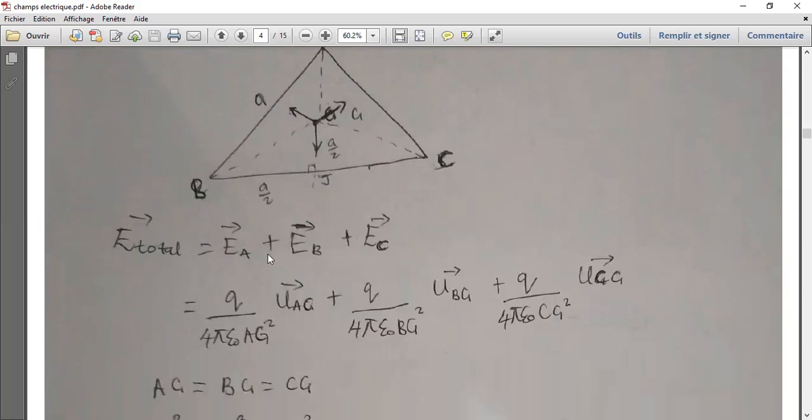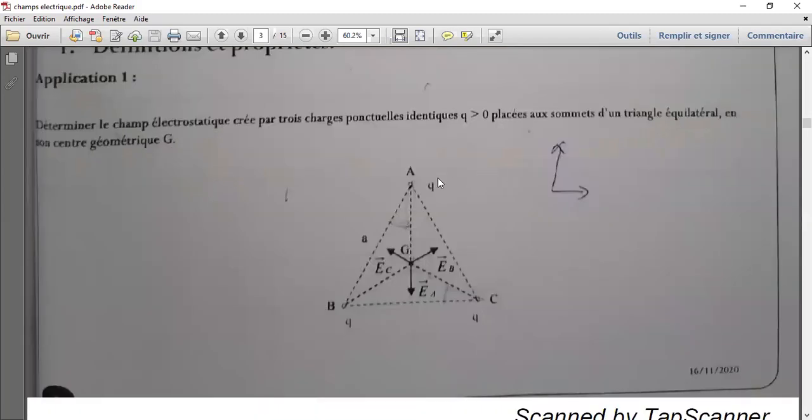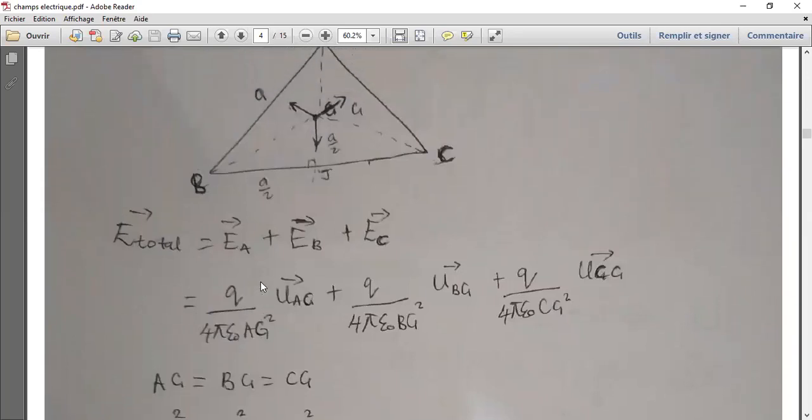I'm just going to replace my EA, my EB, and my EC. According to the diagram here, the charges are Q, Q, Q. So E total is equal to Q divided by 4 pi epsilon 0 AG squared.